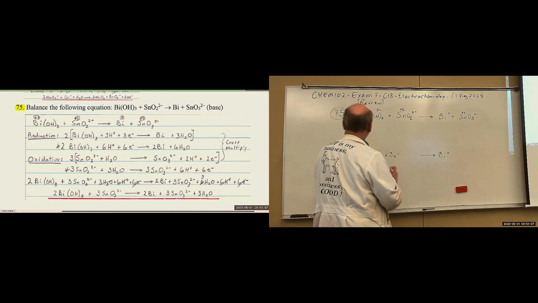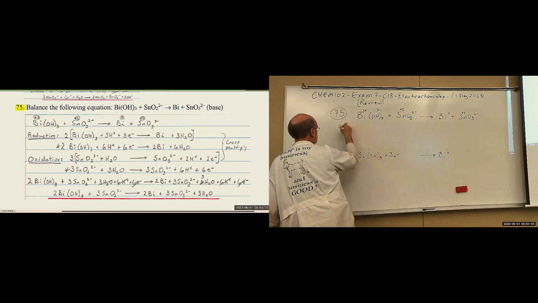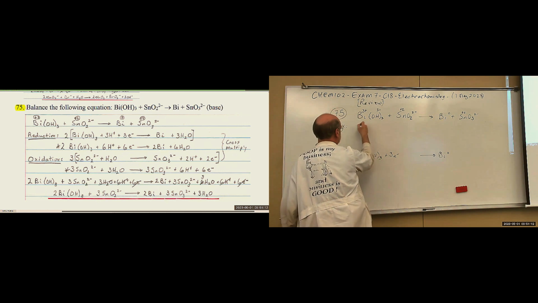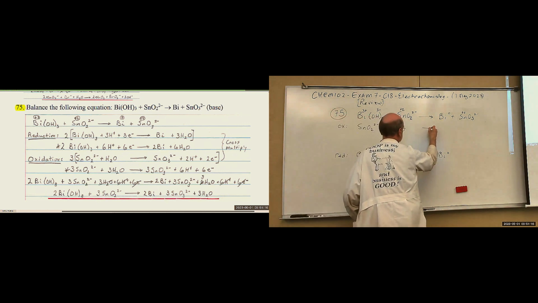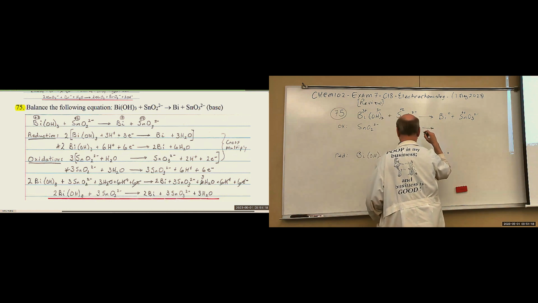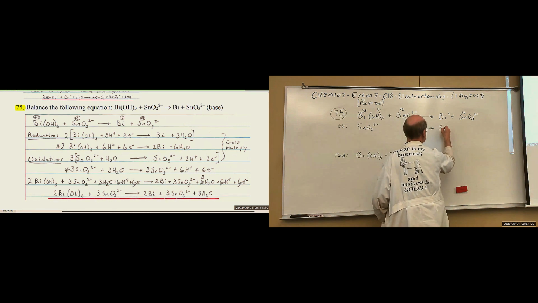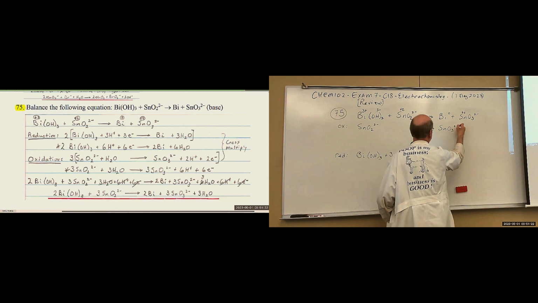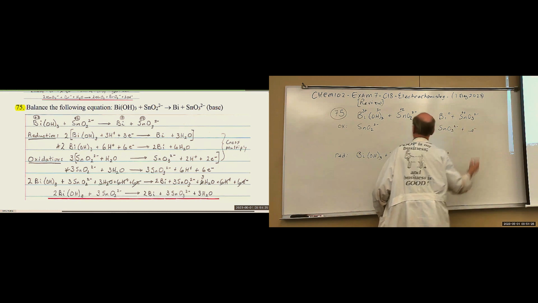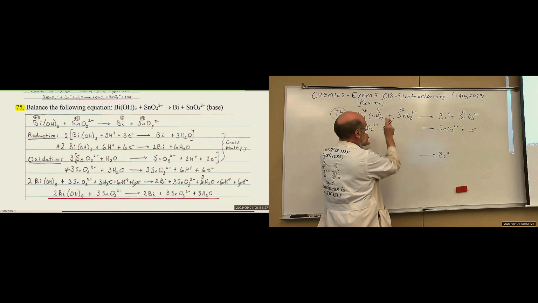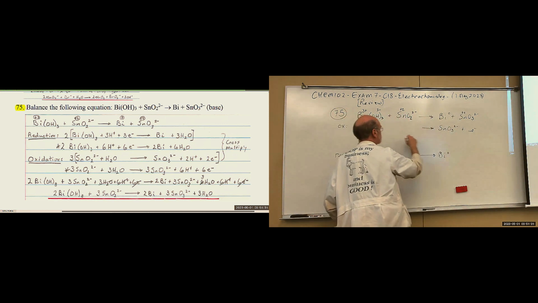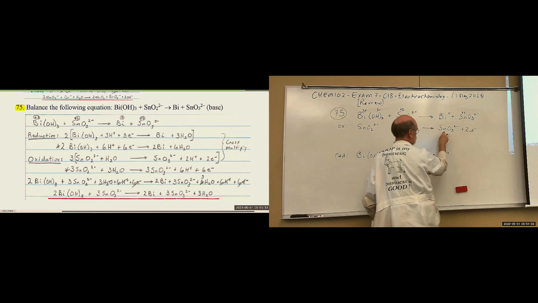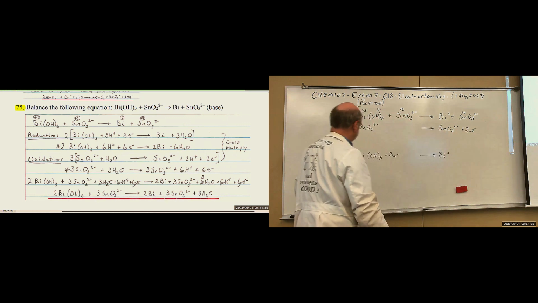Okay. And the oxidation step is SnO2 2- to SnO3 2-. How many electrons? All right, we went from a 2 plus to a 4 plus, means we lost 2 electrons per tin. And there's only one of them, so that's good.